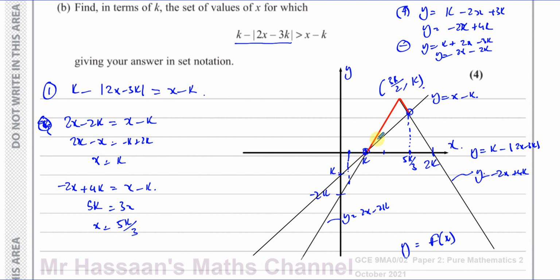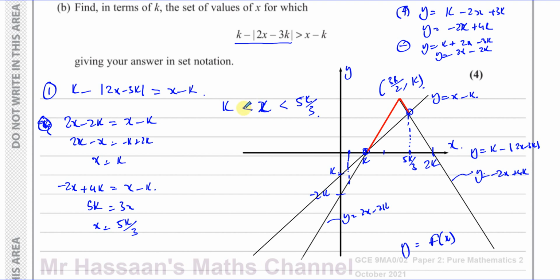So we can see that the values for which this inequality is true are when x is greater than k, and less than 5k over 3.